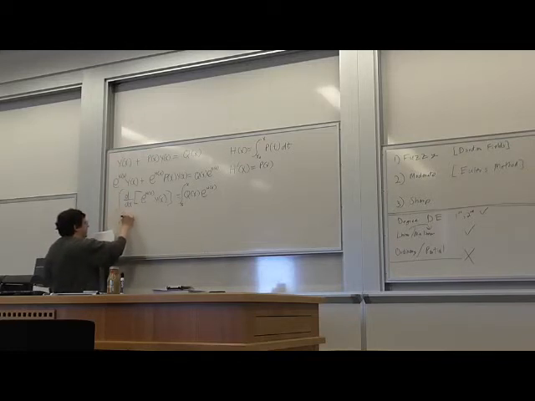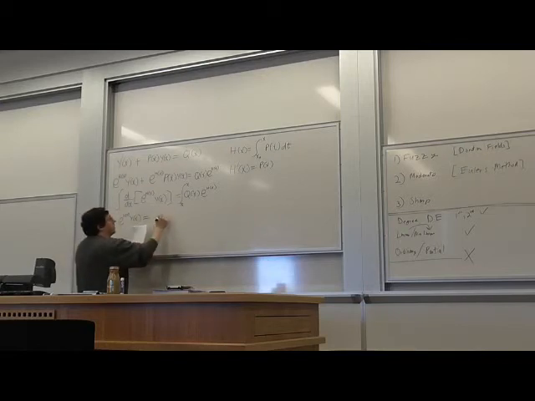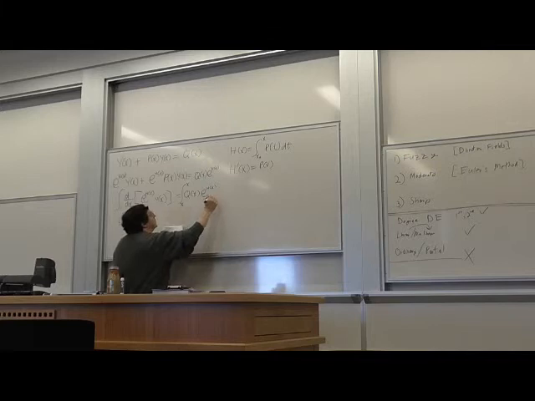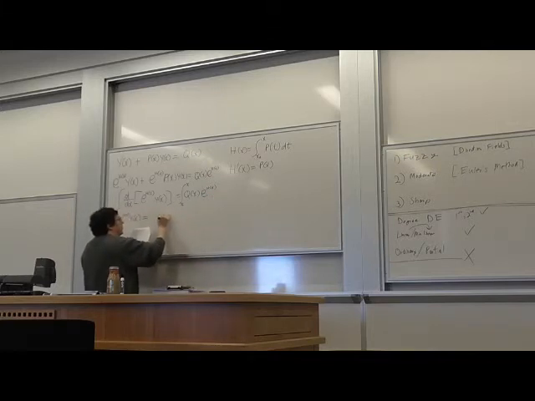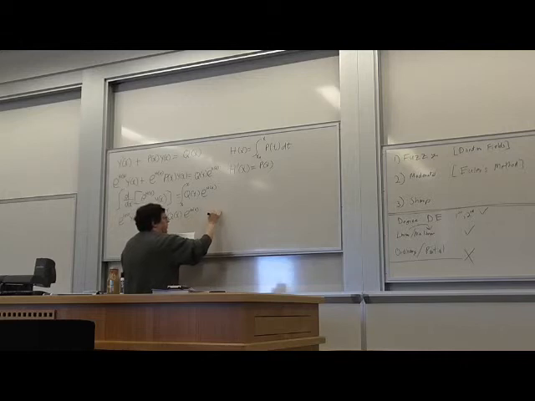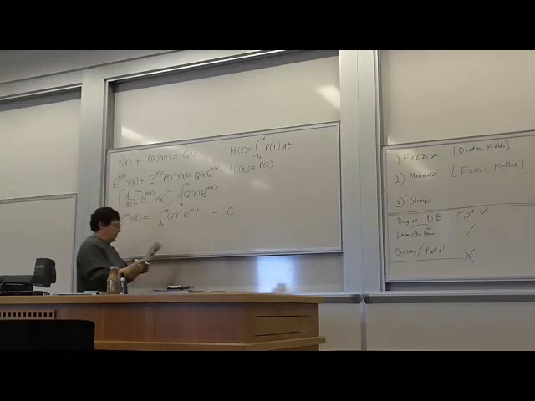We have e to the h of x, y of x equals this. Well, we're going to end up with this integral, but as part of the integration we end up with a constant.